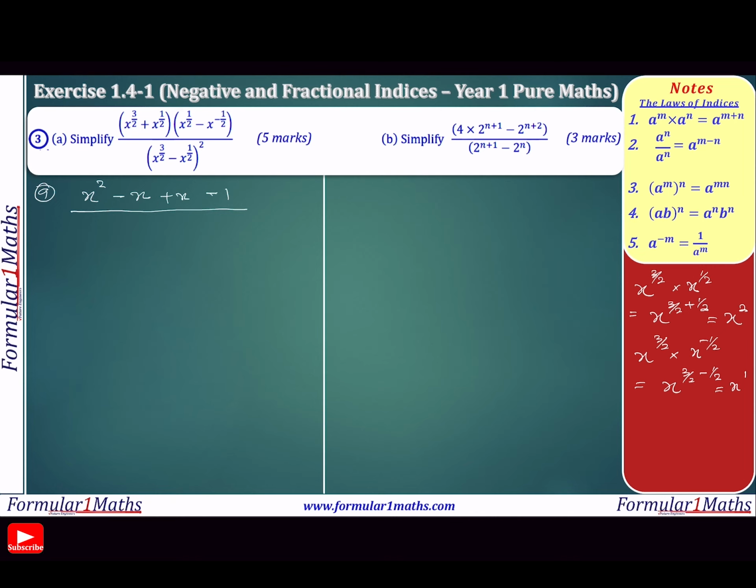If you expand the denominator accordingly, we will get x cubed minus 2x squared plus x.